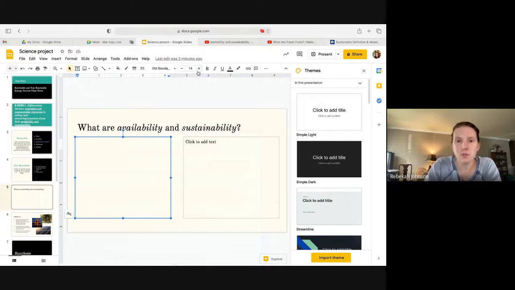So for something to be available, and I will make sure that we have these down. Availability. If we're asking questions about availability, we're looking to see if something is accessible. Accessible, easy to get to.